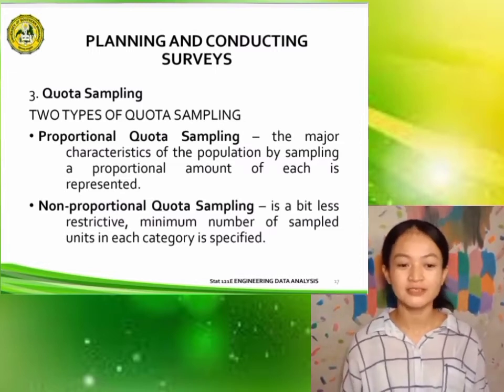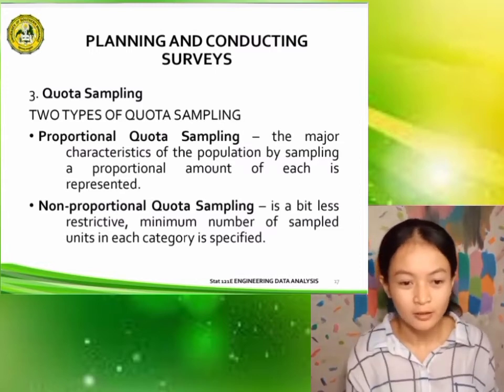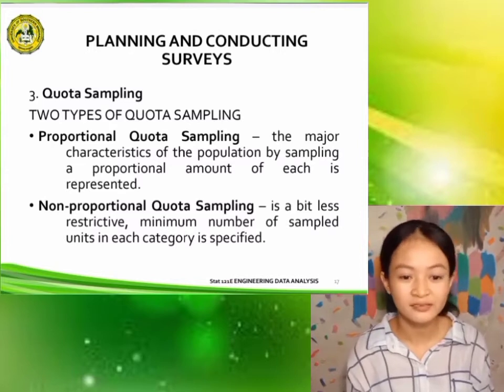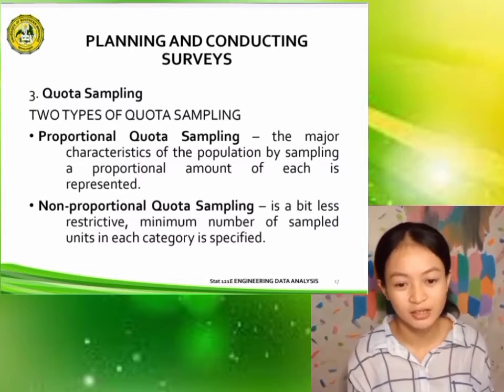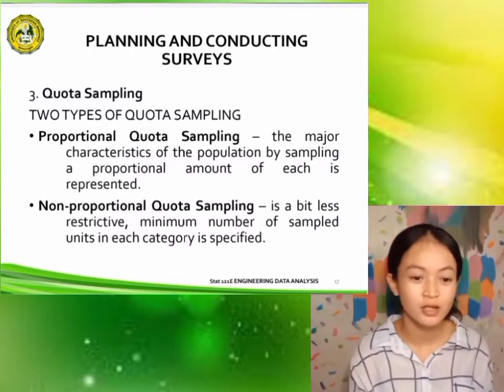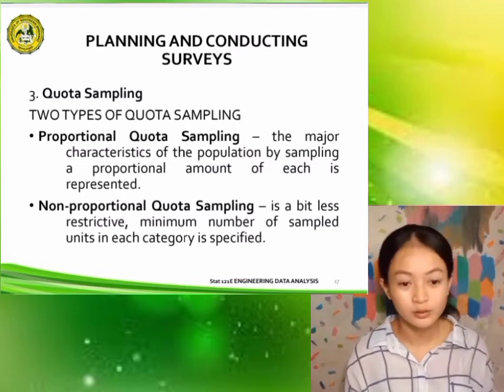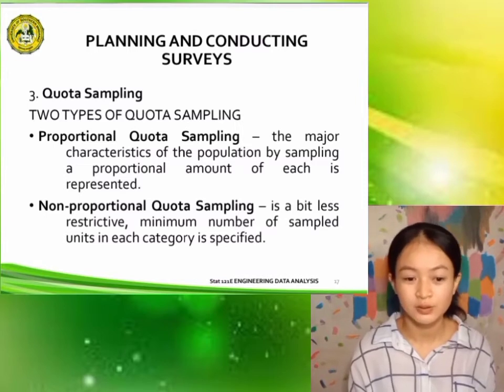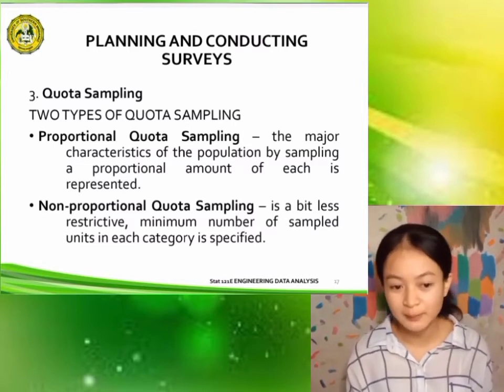And if it is by age, then the researcher can get 100 respondents in each age group: 16 to 20, 21 to 30, 31 to 40, 41 to 50, and 51 up. So this is also a proportional quota sampling.